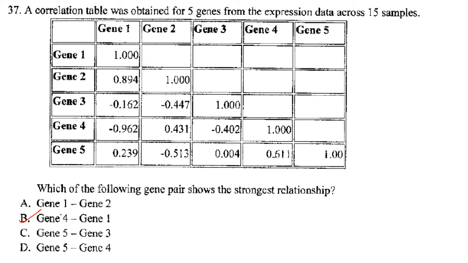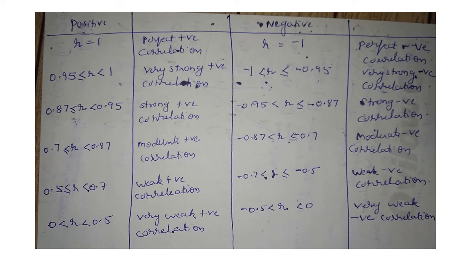R is the coefficient of correlation. You can see it in the next slide. Okay, it's here. You can go through this if you want. But just remember that a value closer to 1 will be more strongly correlated than a value which is further away from 1.